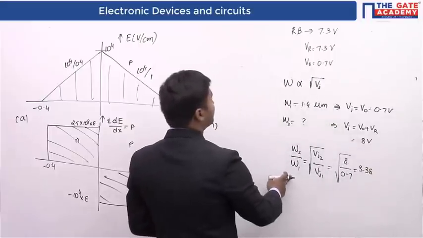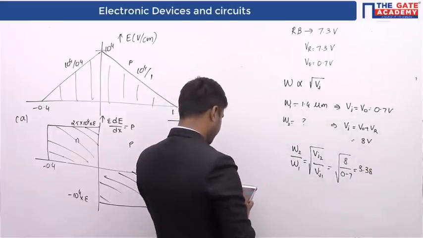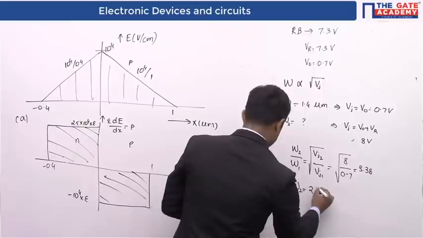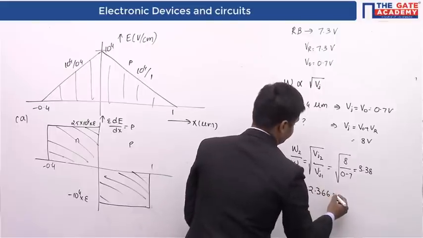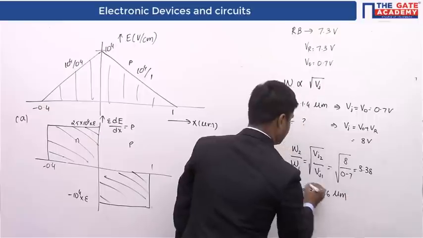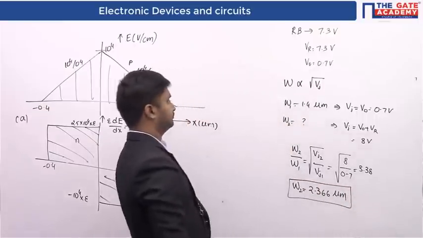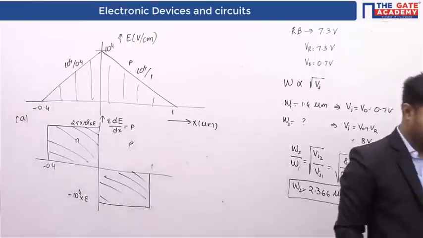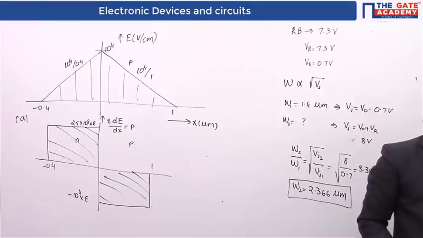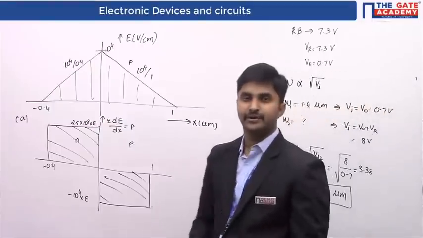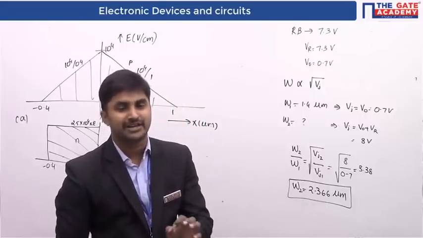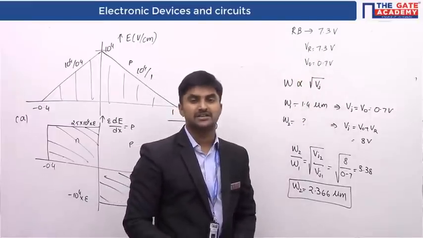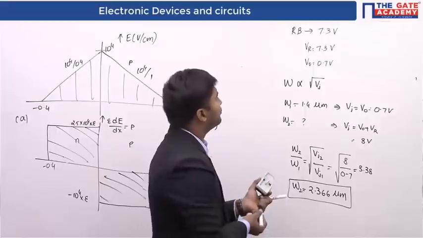So 3.38 multiplied by W1, which is 1.4 itself. So the value of W2 is going to be 2.36 micrometers. Clear? There is one more question in this particular part, which is the junction capacitance at the same 7.3 volts.